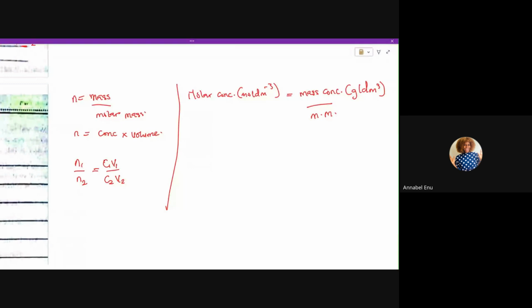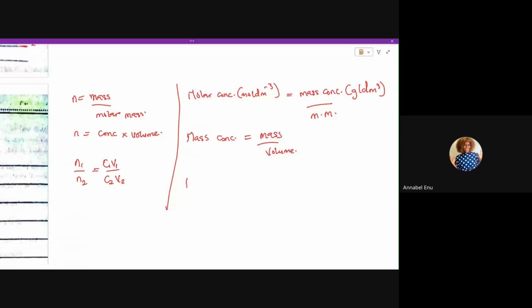Now, another formula we can take note of is that we can derive the formula for mass concentration from this molar concentration. But other than that, we should also know that mass concentration is equal to mass divided by volume. Okay, remember this mass concentration is in gram per dm cube.